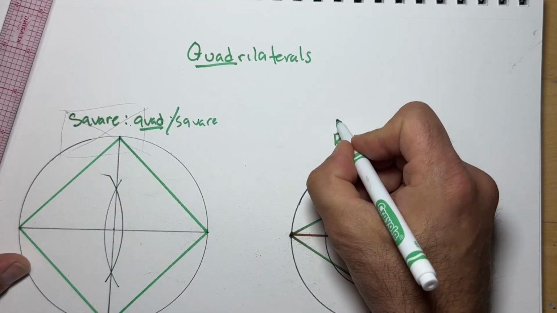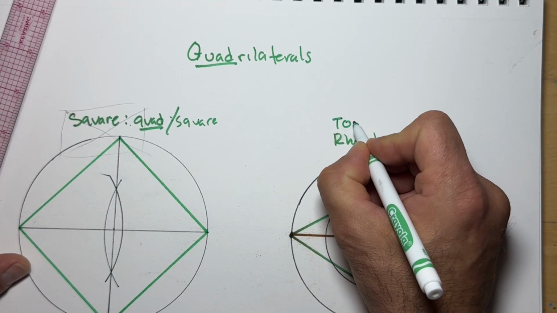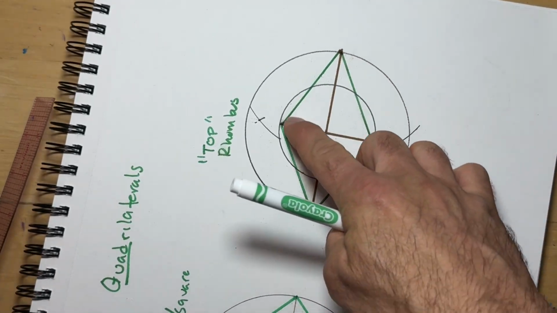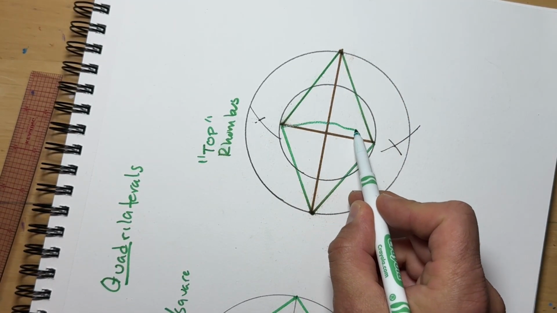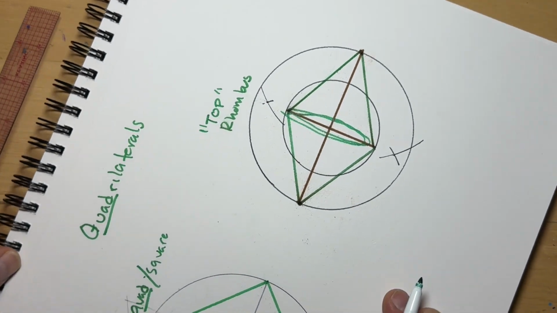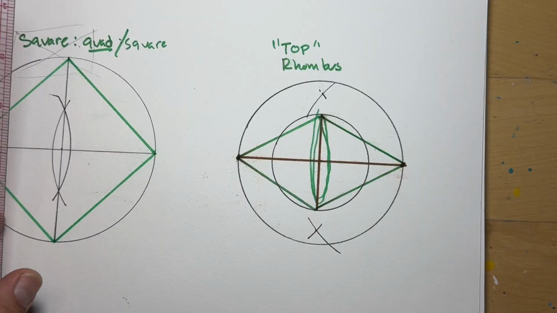Rhombus is actually the root or the word for a top. So it's a word that means top. When you imagine spinning this, it's actually going to get 3D. You spin it, and it'll make a type of a top. And so let's take a look at what happens.